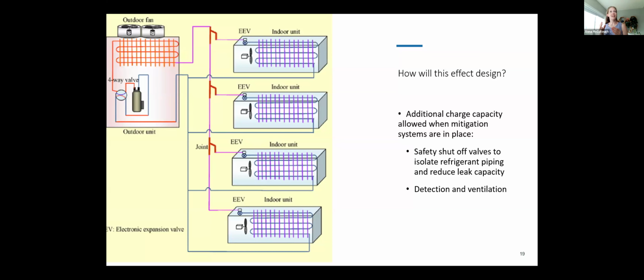These lines will still all have to be enclosed within that steel gauge casing that we talked about. We'll also be required to have detection and then the ventilation system as well. So we have the detection, the safety valves close, and if that system meets the maximum LFL that we talked about in the last slide, the ventilation fans will turn on.